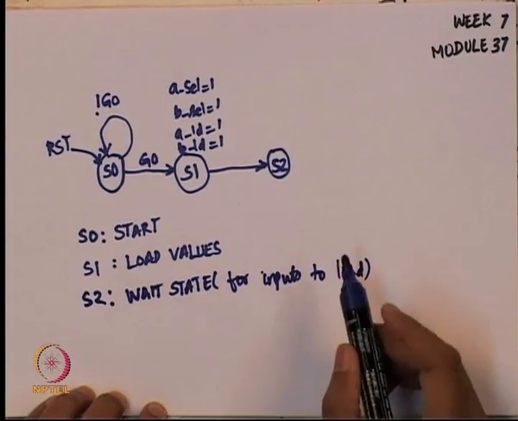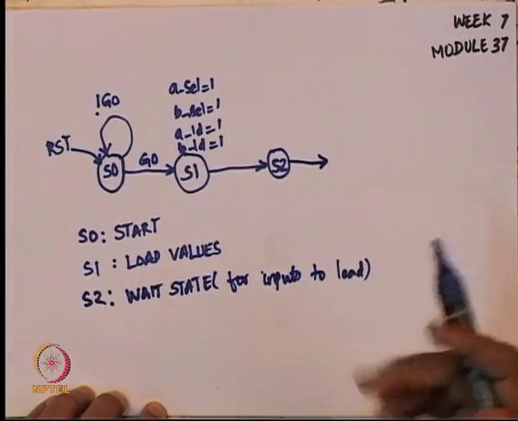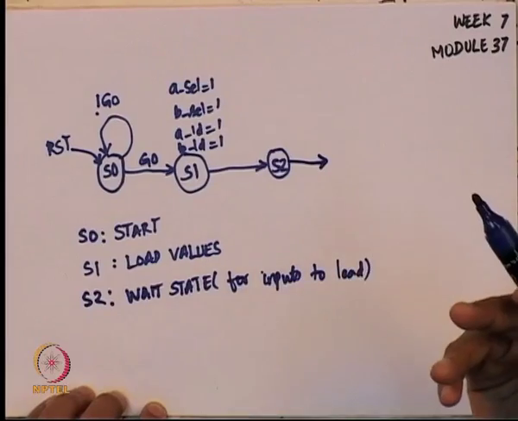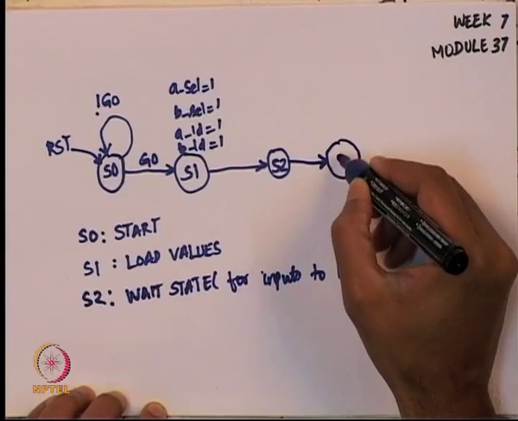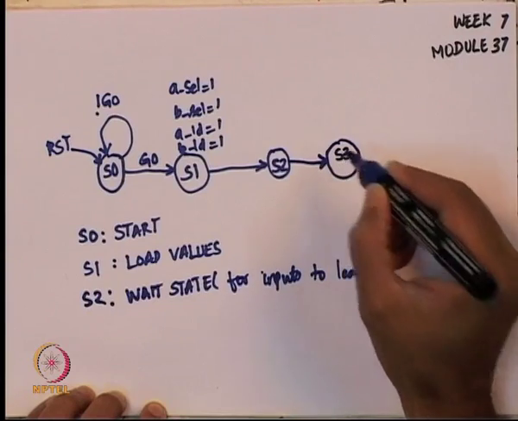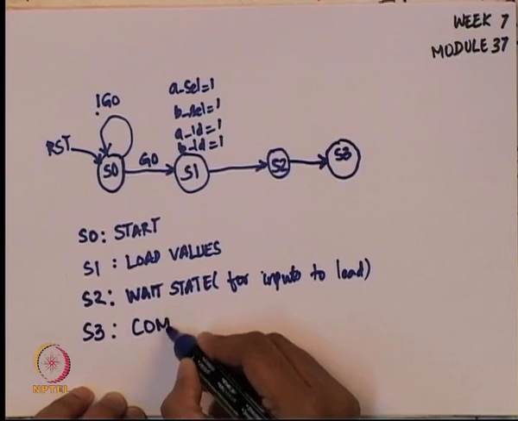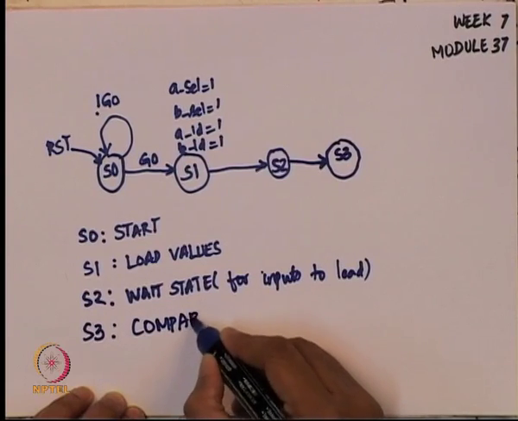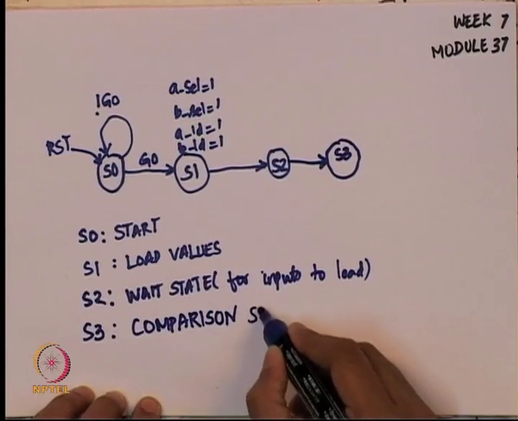Once the inputs are loaded, then the data path will have all the correct elements, the comparator will have the correct output. So, at this point, the first thing I have to do is look at comparison. So, S3 is supposed to be a comparison state. At this point, the controller is supposed to do the comparison.